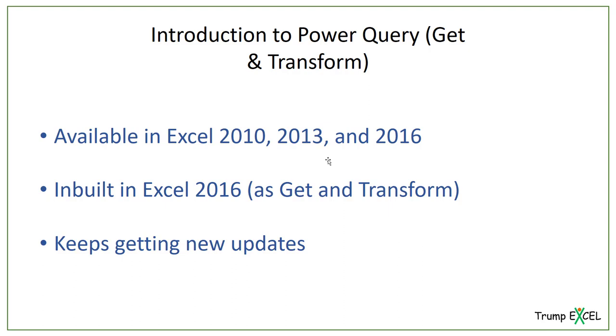If you're using Office 365, then these are instant. So every month there would be new updates and you would get them instantly. But if you're using standalone versions, then you would get it with the new version. So for example, if you're using the standalone version of Excel 2016, then you would get all the updates in the next version of Excel, which I believe would be 2019.